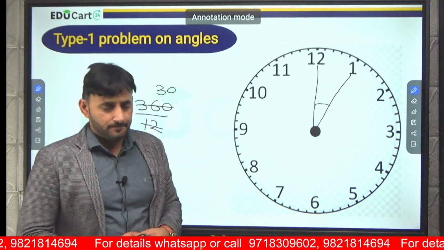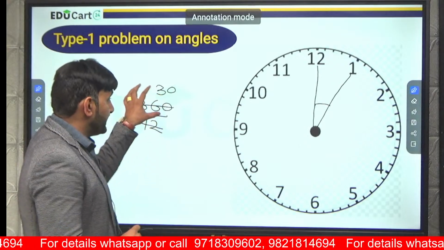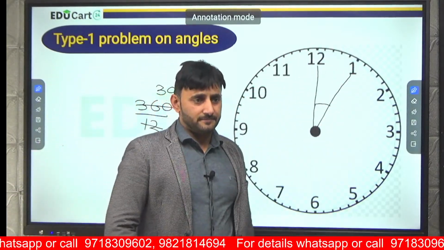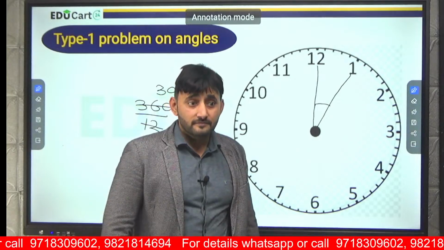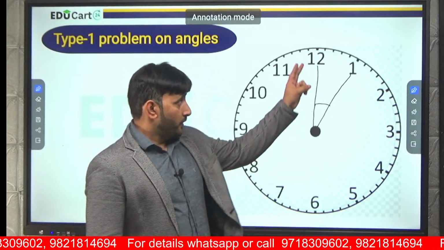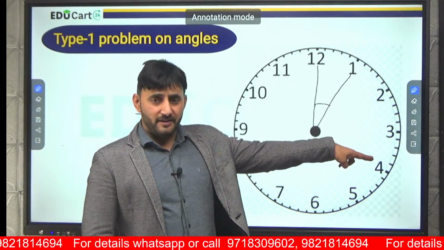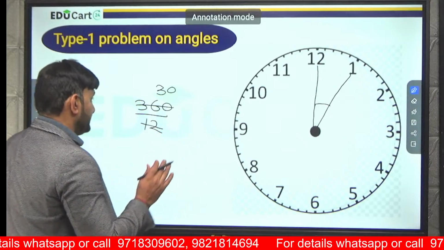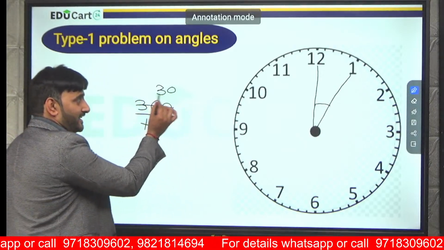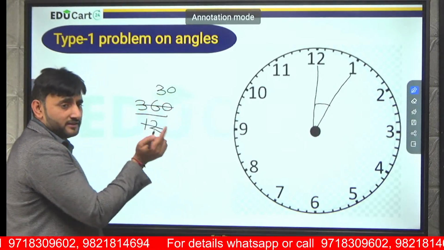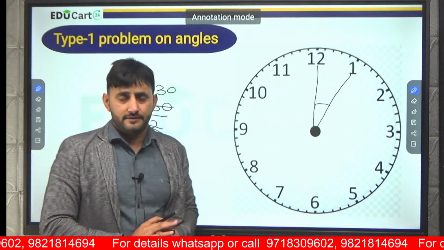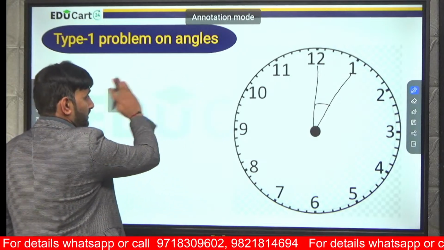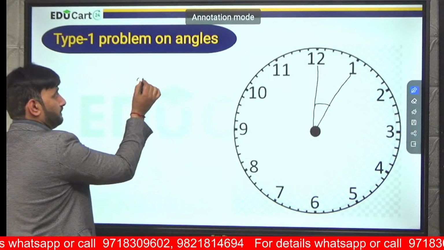Got it, my dear? So when minute hand goes from 12 to 1, how many minutes? 5 minutes. And when minute hand is at 4, then how many minutes? 20 minutes. Got it. Fine. So can I say minute hand is covering this 30 degree angle in 5 minutes.